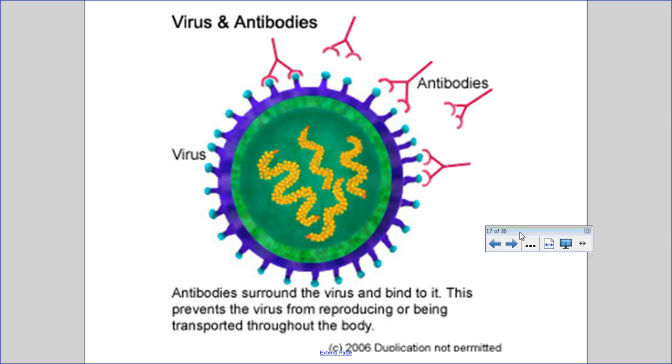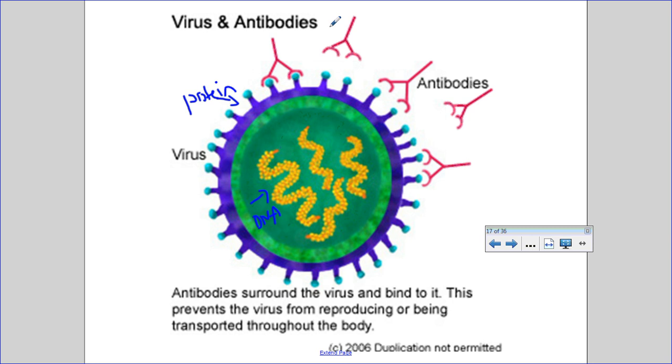So how do antibodies work? What do they do? In this case, if our pathogen is a virus, let's say, a virus has some DNA or RNA, some type of genetic material. In this case, we'll just assume it's DNA in the middle there, and then on the outside is a protein coat.